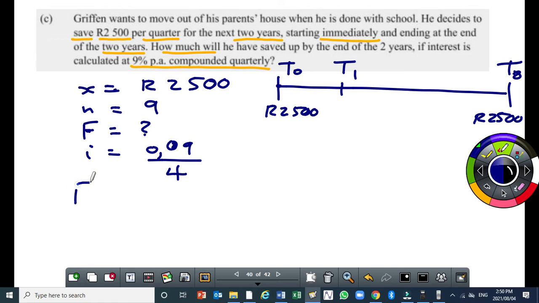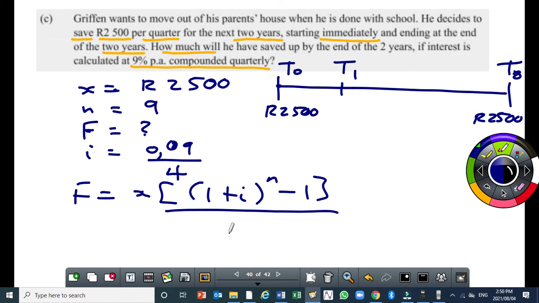Then the next thing, I'll write my formula: F equals x times 1 plus i raised to the power of n minus 1, all over i. Fortunately, when you write your examination, the formula is provided. If you can manage to memorize it, that would be wonderful. If you can't, then you have to check on the formula sheet. So I'm going to do my substitution.